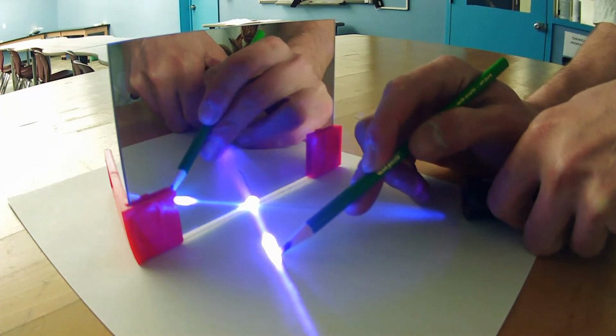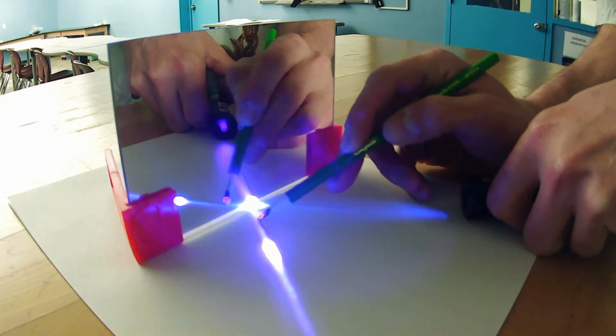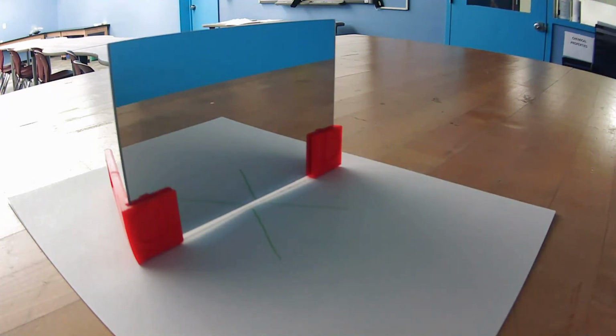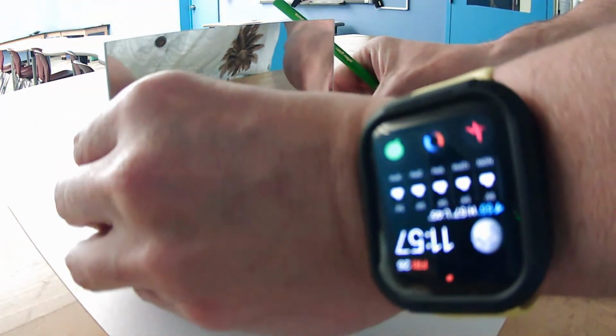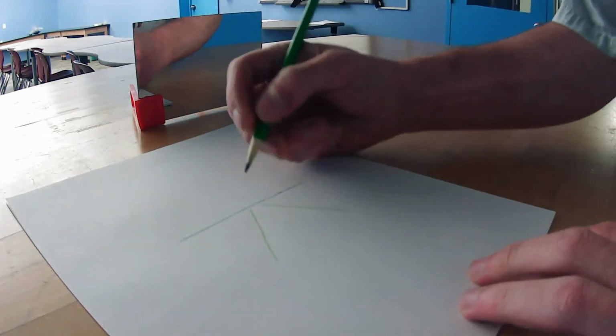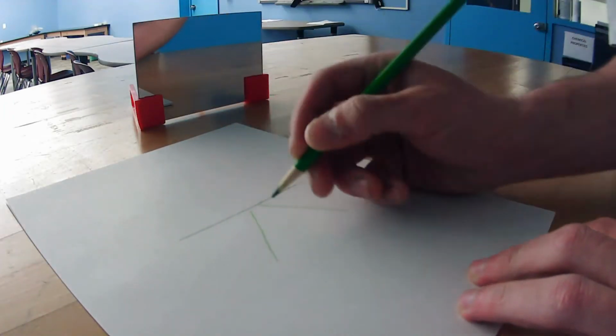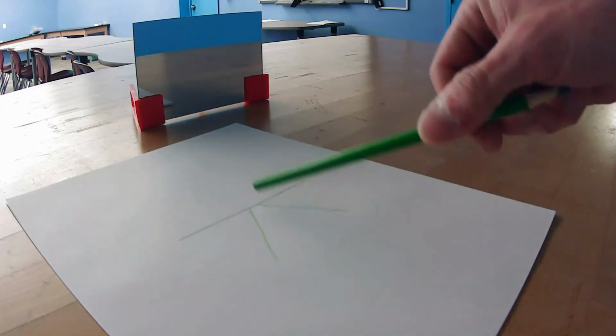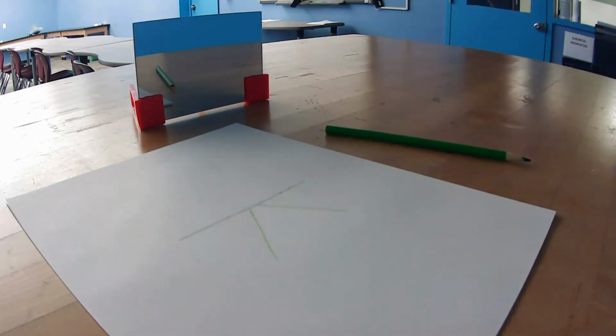We're going to trace that one as well. Okay, so at that point we're going to look and see what we can see. Now, what I can tell you first off is that I didn't do a very good job. You can see that these don't actually connect where they are. But for our purposes, it should work.